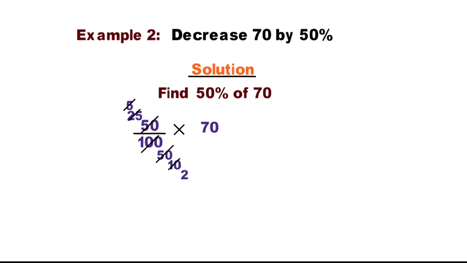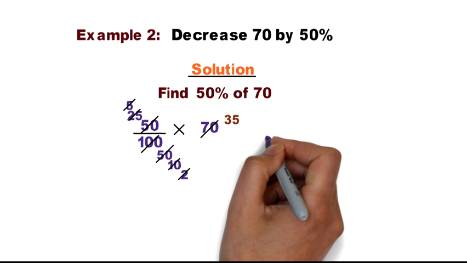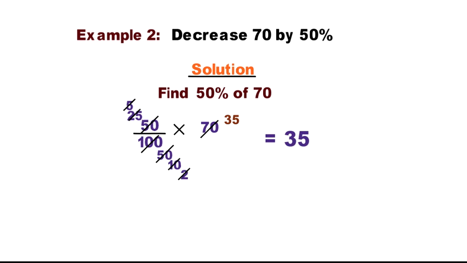Next, 2 can divide 2 and 70. So, 2 will cancel out 2. And 2 divides 70 gives us 35. So, the result is equal to 35. Now that we have gotten the result of 50% of 70, the next step is to subtract the result from 70.